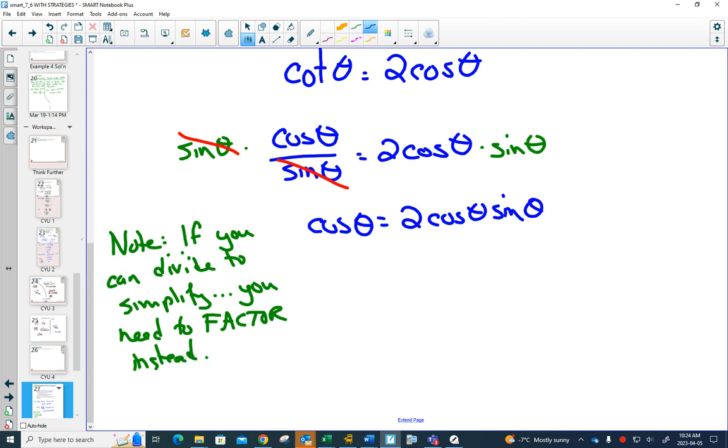So here's the note. Some of you on your take-home quiz went, ooh, what do I do here? Well, if I divide everything by cos, it cancels out. That makes it simpler. I should do that.